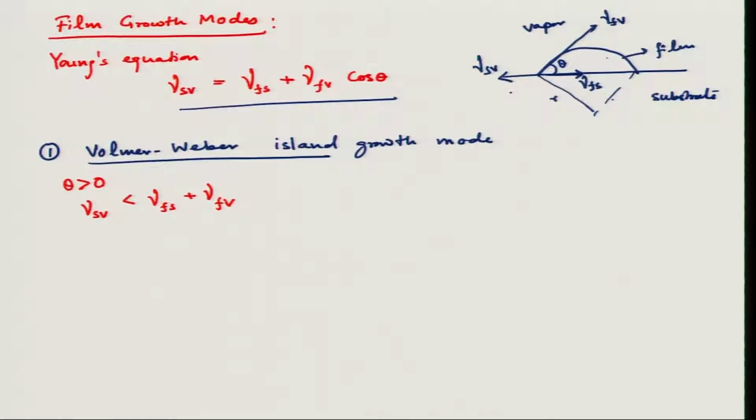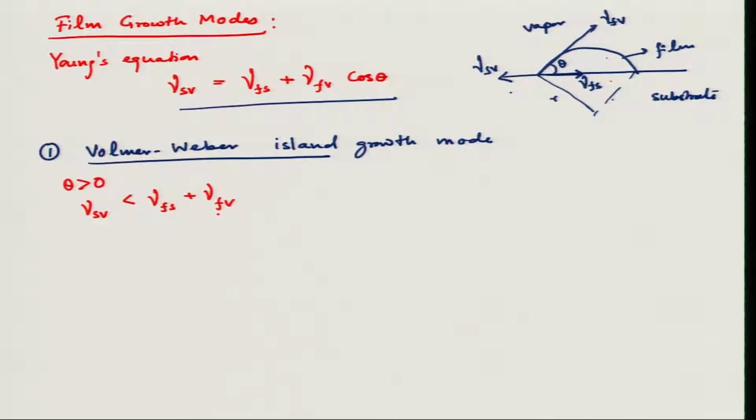Okay. So, suppose for example, I will neglect gamma FS, because this is film and substrate. If suppose they are similar materials, then gamma FS can be neglected. Now we have gamma SV and gamma FV.